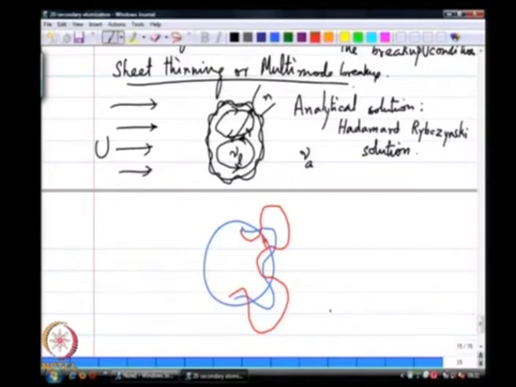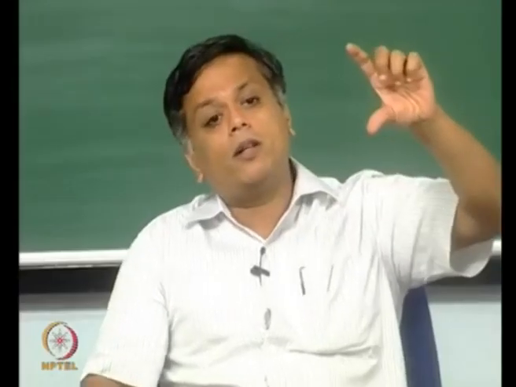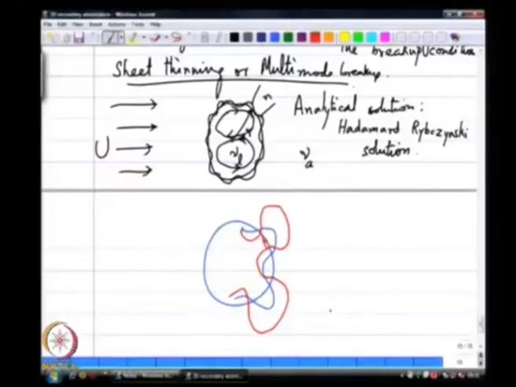So, this is what we have seen even in the jet breakup problem. In the cylindrical jet breakup problem, the wave number that corresponds to the most unstable point is responsible for the drop size. Likewise, here you can do this entire calculation and show that the azimuthal wave number that corresponds to the most unstable point is responsible for the drop size.